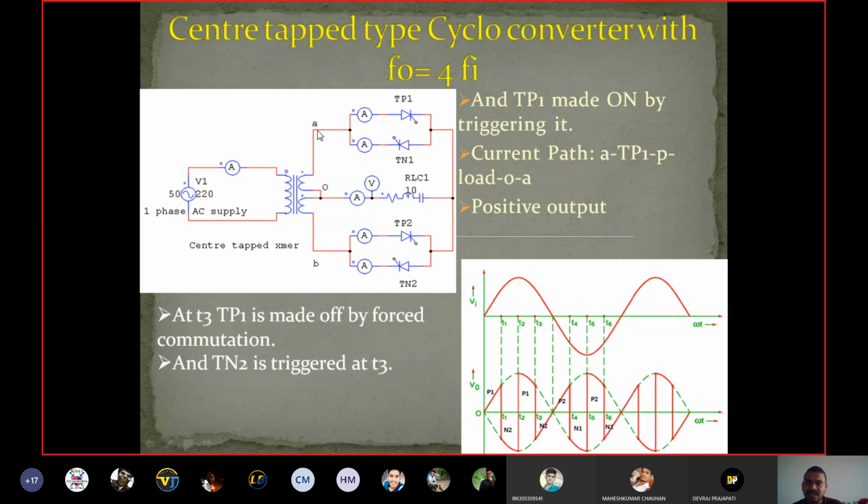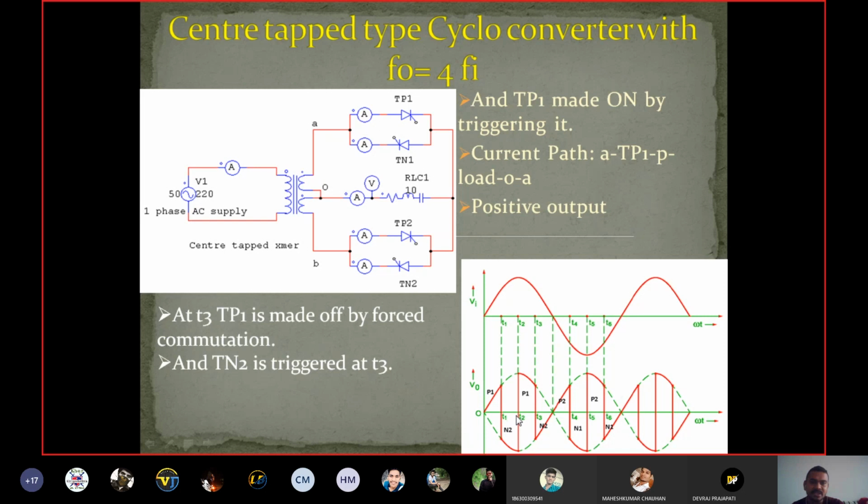Okay, so once again the current path is A to TP1, TP1 to P, P to load, load to O, and O to A. That means once again the current is flowing from P to O, that is the positive current. So we are getting the positive current during the time duration T2 to T3.